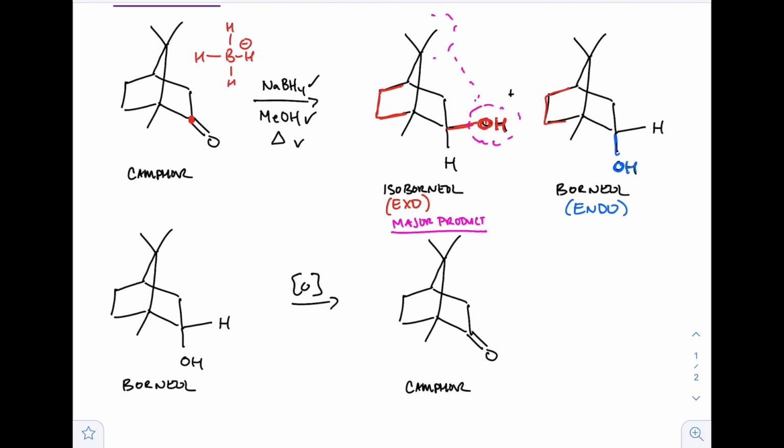Okay, so the reason why I'm highlighting this BH4 is so that I could show you really where the steric hindrance comes into play, because we've got this methyl group right here.